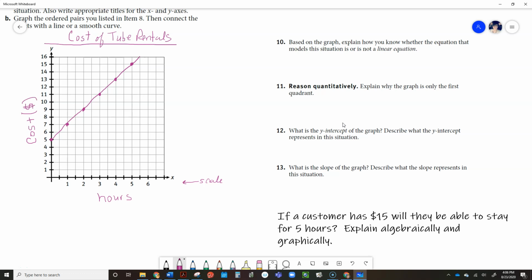I went up $2 for every hour that I spent. I went up $2 for that hour. I went up $2 for that hour. So we would say that the dots connected to make a straight line.